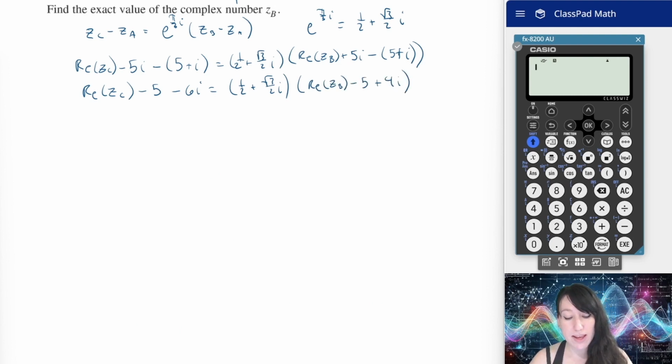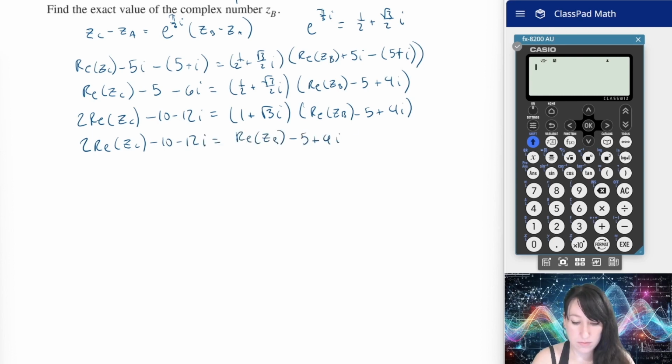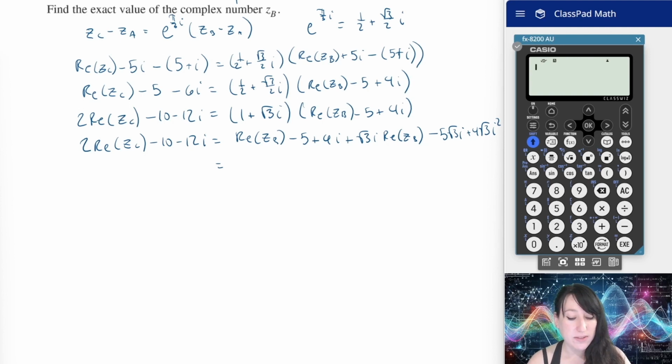Now, I may just multiply through both sides by 2, so I don't have to work with fractions on the expansion on the right. I'm just gathering the real stuff together and then the imaginary stuff. Note that i squared is -1.